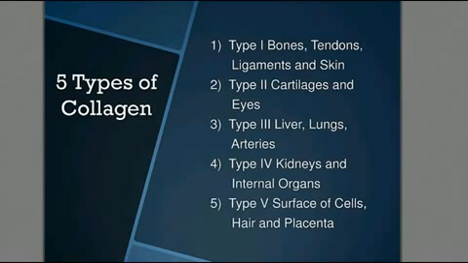Now let me tell you how I got involved and know about type 1, type 2, type 3, type 4, type 5 collagen. I introduced collagen to the medical arena here in Georgia well over 20 years ago. And I was part of the infrastructure of the Harvard Medical School studies, and they were working on type 2 collagen.